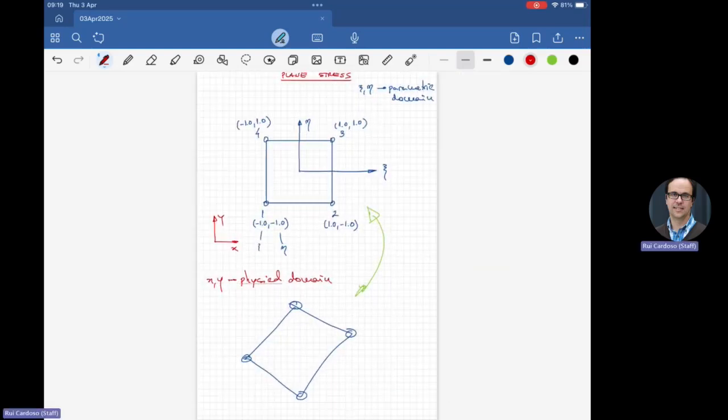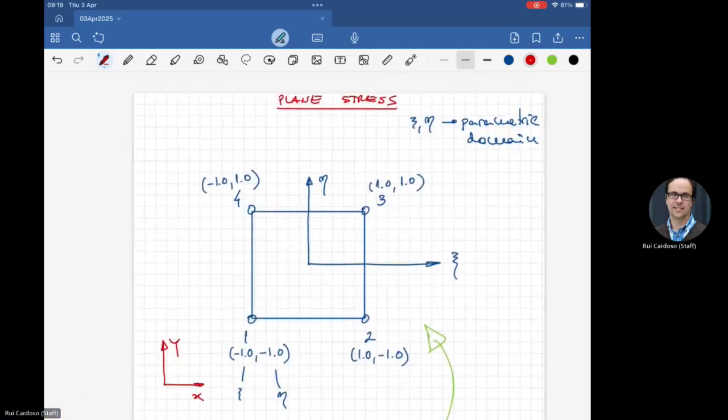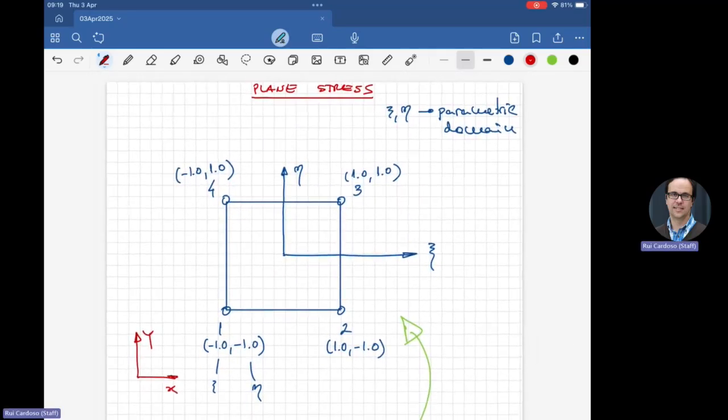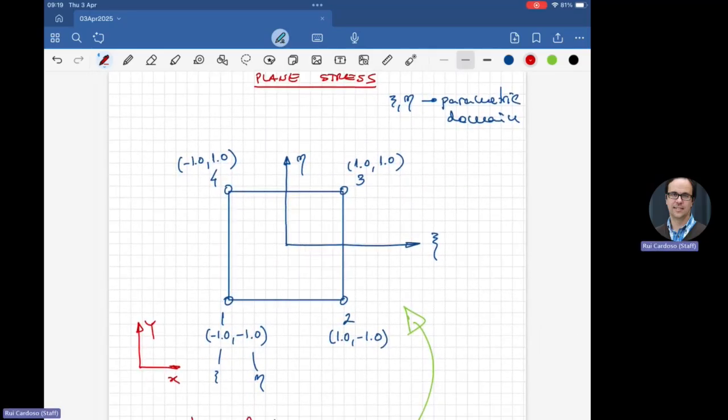Why do we do this? The reason is that when we are coding these elements in any FEA software package, we want to have the shape functions defined for one element configuration or geometry only. That is the parametric domain, because it's always the same between -1 and +1 in both directions. Then the shape functions are always the same.